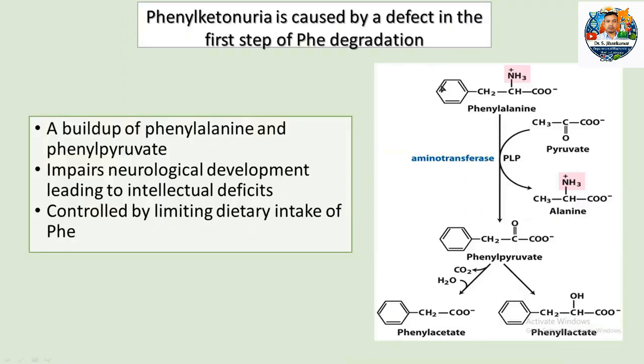So there must be accumulation of phenylalanine. So what the system tries is that it diverts the phenylalanine to some other products, since that particular enzyme is no more functional. So through an aminotransferase reaction, phenylalanine can transfer its amino group to pyruvate, which is a keto acid. Then this pyruvate will become alanine.